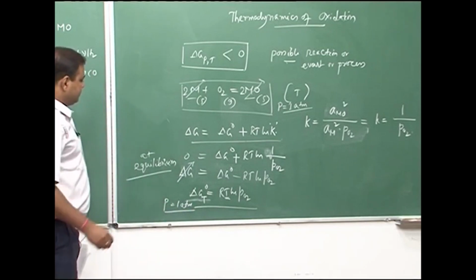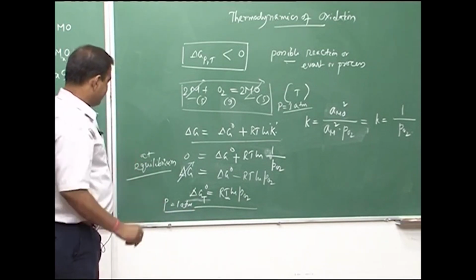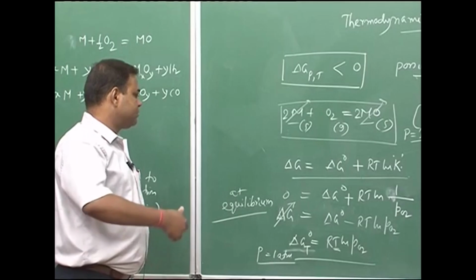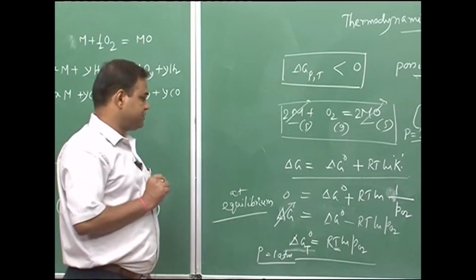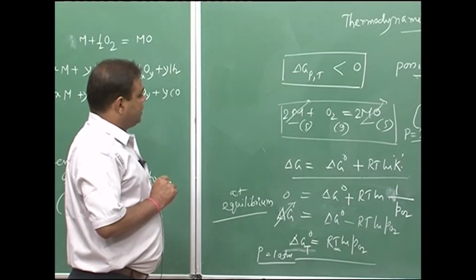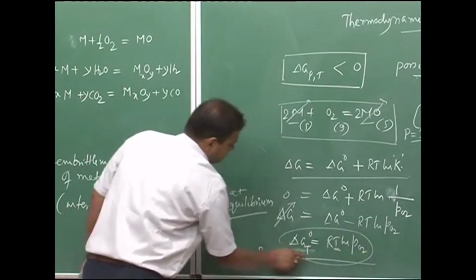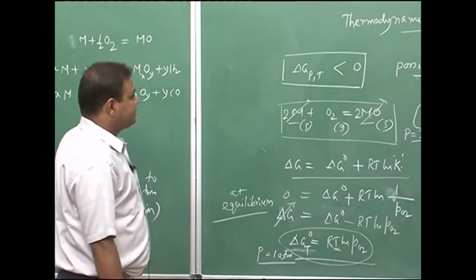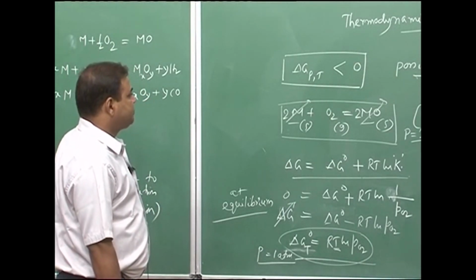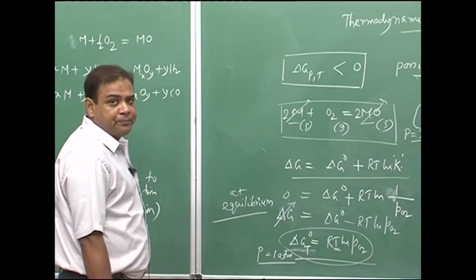That is the definition of standard condition, that the pressure will always be 1 atmosphere. Once we know this, it gives the idea whether oxide formation would be possible or not.